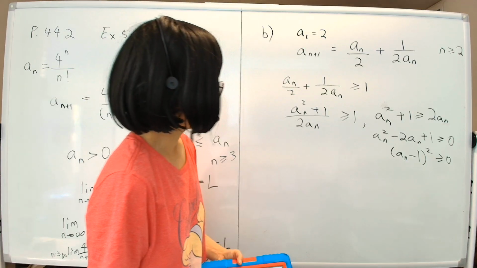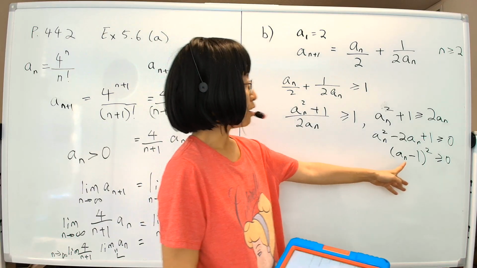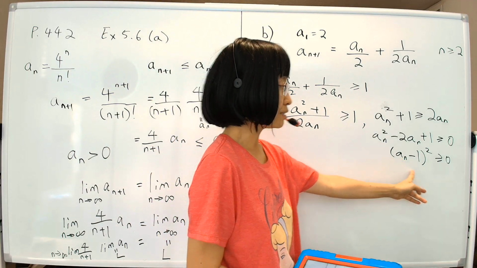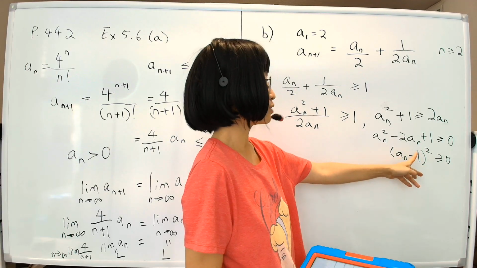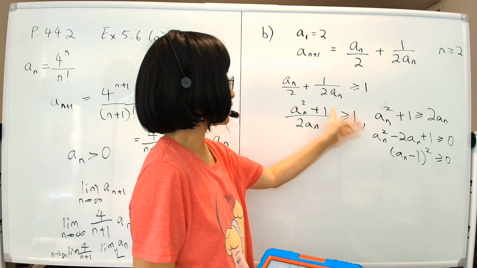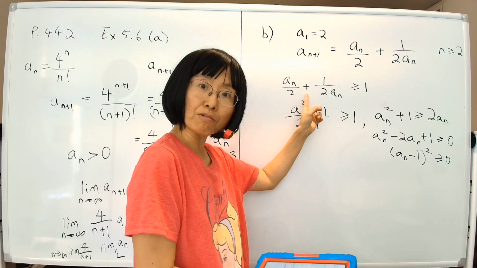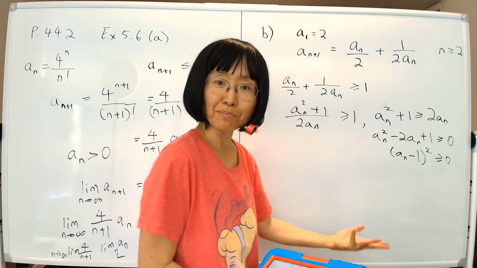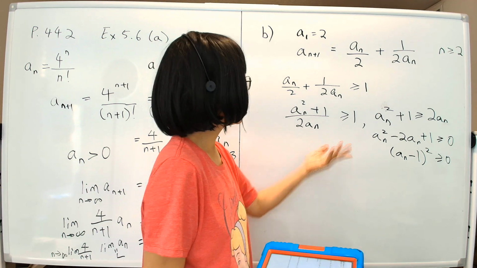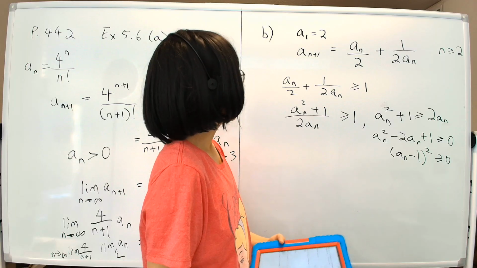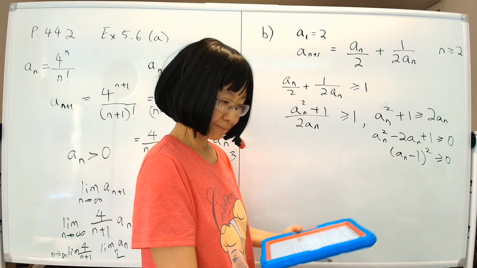Now at this point, you notice that this fact always stands, right? This inequality leads to this one, but this is always true because it's a square. Squares are always bigger than or equal to 0, and this directly comes from here, which means this is always true also. So therefore, we have just stumbled on the proof that this sequence is bounded below by 1.